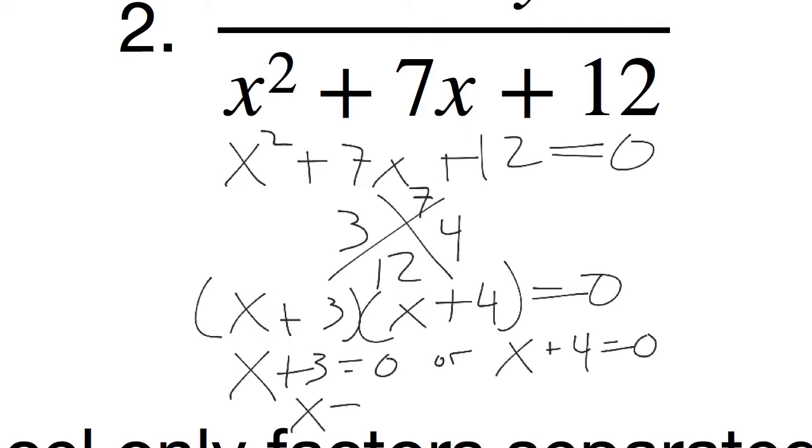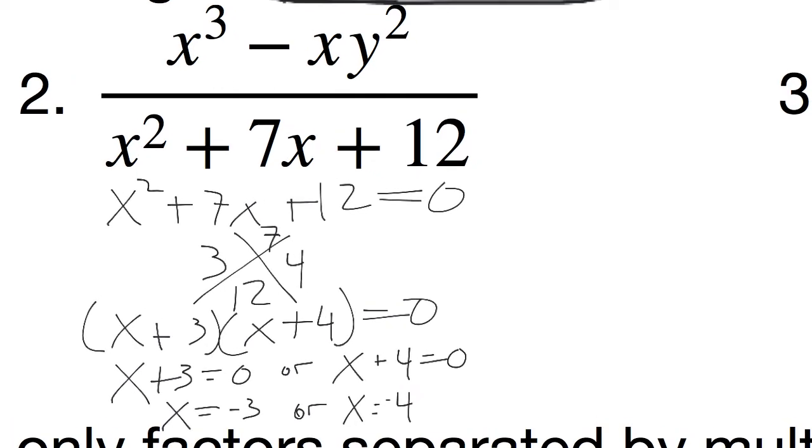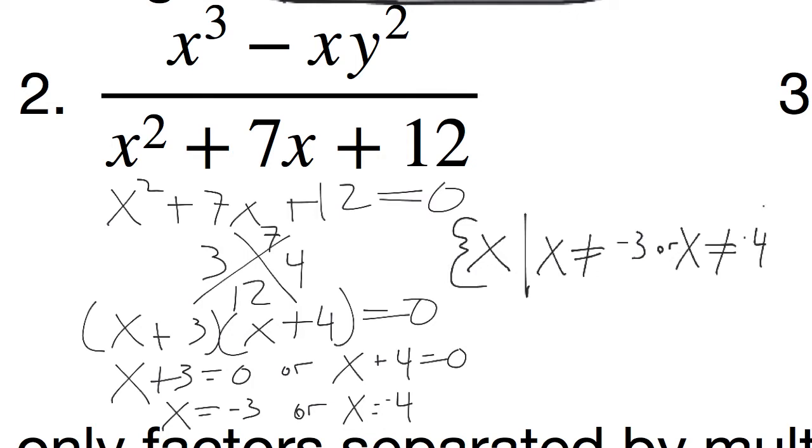So whenever x is equal to negative 3, or x is equal to negative 4, then the denominator is going to equal 0, which we can't have. So the meaningful replacements will be all numbers except for negative 3 and negative 4. Every other number is a meaningful replacement: all numbers x such that x is not equal to negative 3 and x is not equal to negative 4.